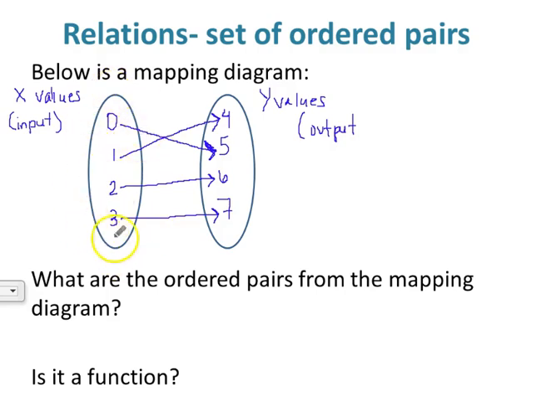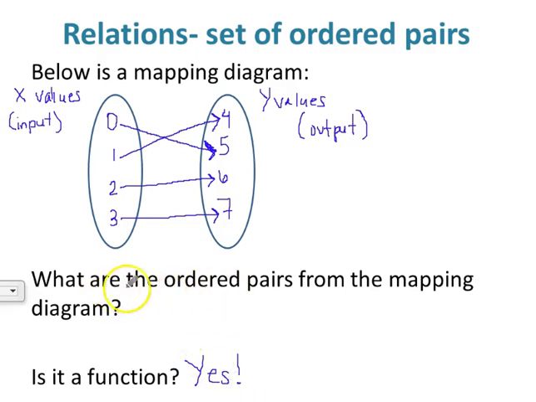So here on the left, these are my x values or my inputs, and then here on the right are my outputs or my y values. So in order to be a function, the inputs can only have one output. And in this case, each number in our inputs is linked with only one number in our outputs. So that would make this a function.